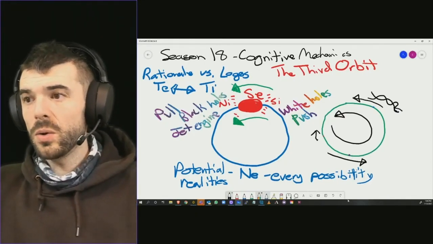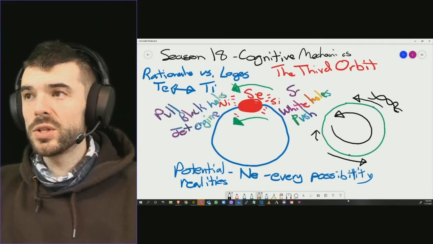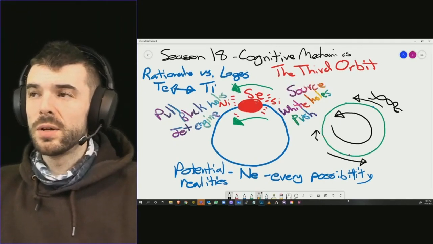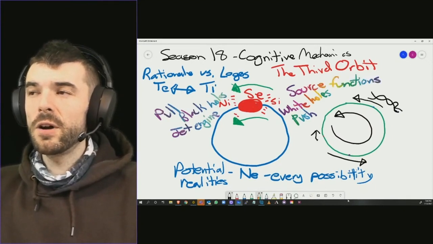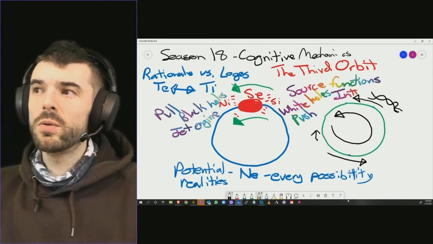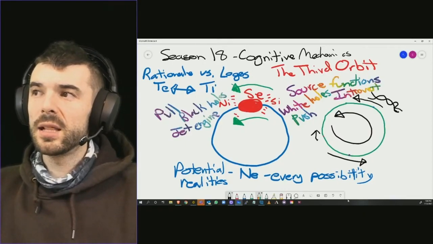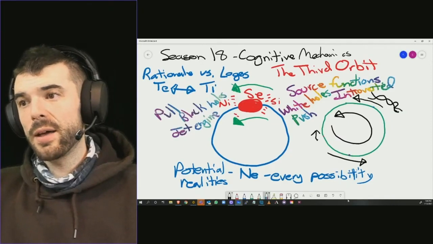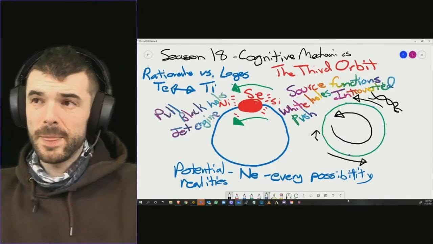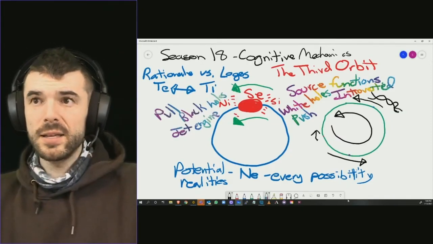So the white hole is effectively source functions, also known as introverted functions. Introverted functions, yeah, like TI, okay? Introverted functions, nice. But then you have the pull, right? And that is the extroverted functions, right?